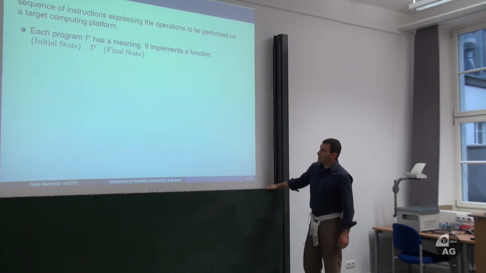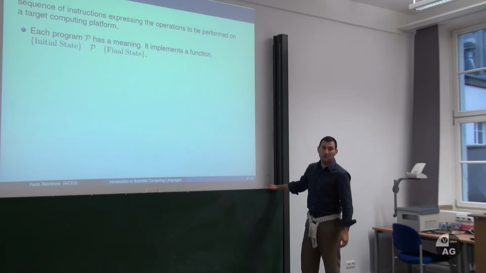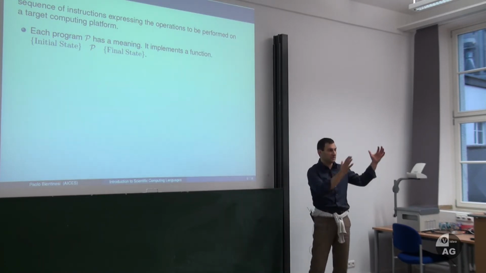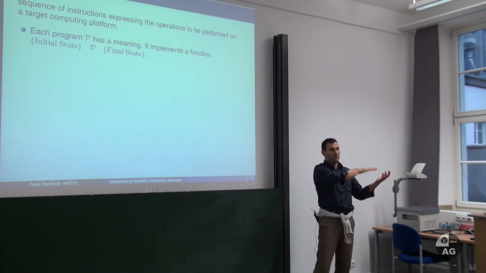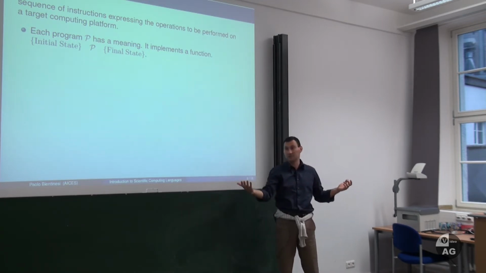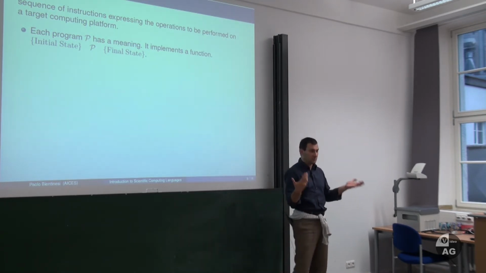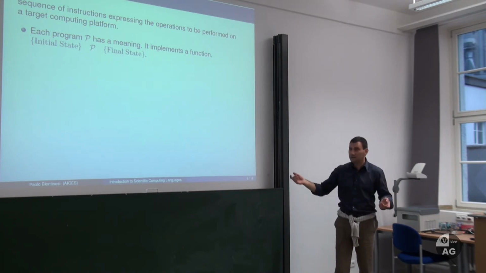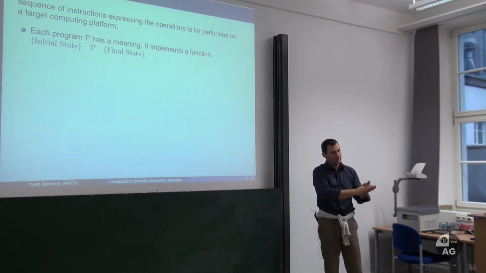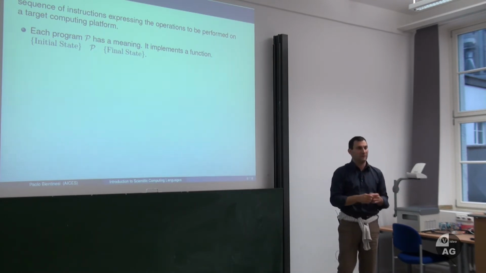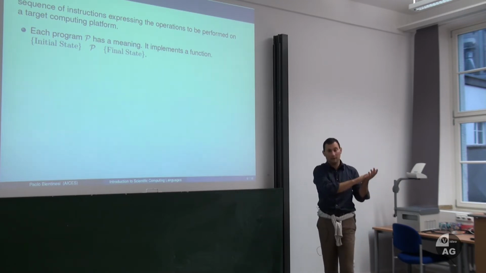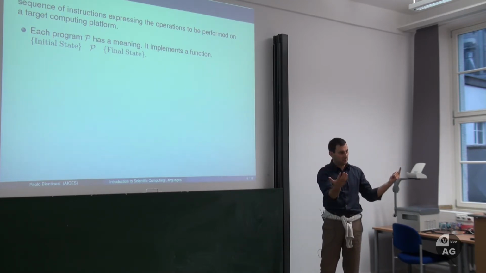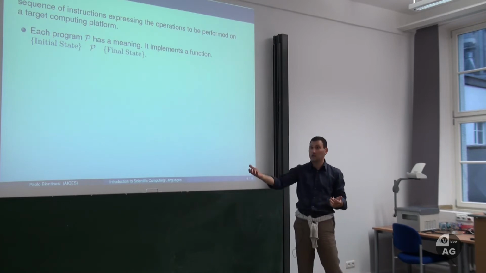Okay. What does the program do? It's a function. It takes the initial state and it modifies it. It spits out a final state. So it's an actual mathematical function. It takes whatever is in the hard disk, whatever is in your variables, whatever is on the screen, and okay, it takes your program, it executes it, and spits out a final state.